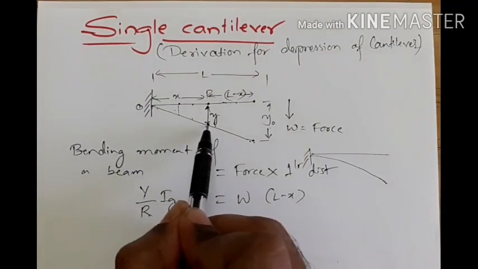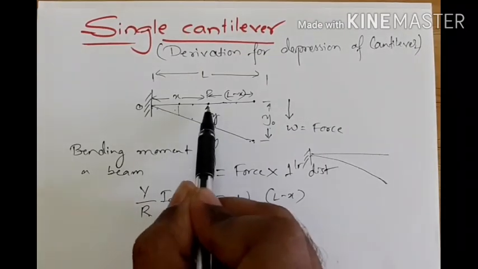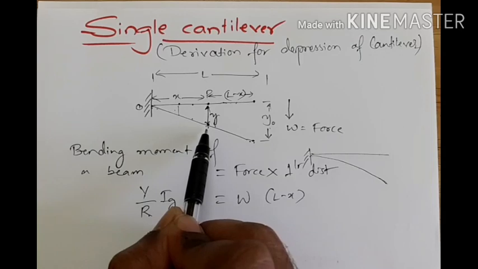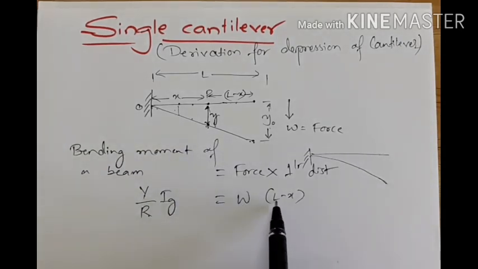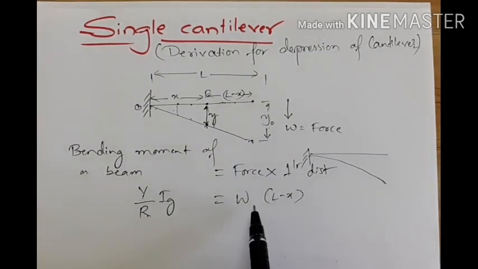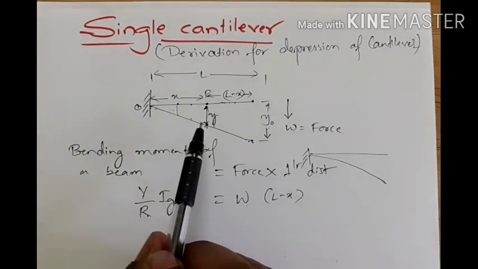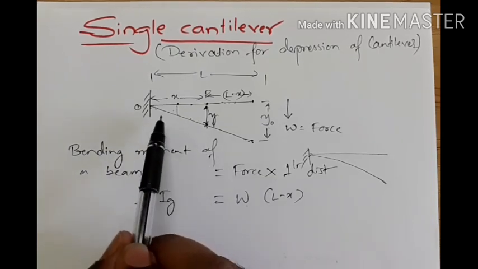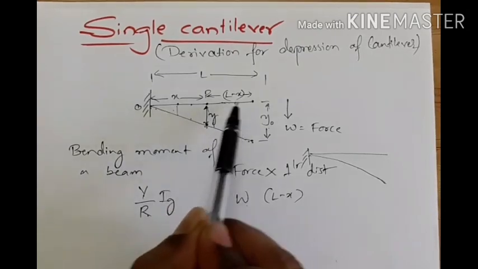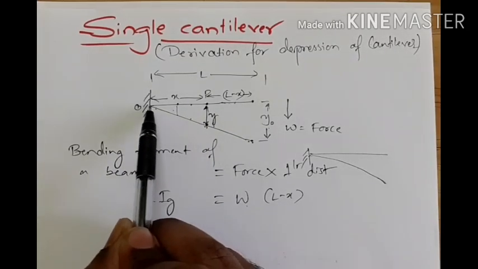We are finding the depression at this point, so the perpendicular distance from this point to this point is L minus X. We are considering W as the force, and this is the perpendicular distance. You may ask why we cannot consider the distance from the fixed point to this point.